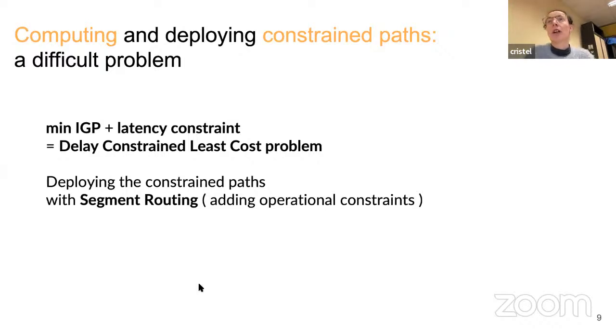So the problem we are trying to solve is computing delay constrained least cost paths, and this has been shown to be NP hard. In addition, because we have segment routing, we have some constraints. The main constraint is that because it's source routing and we store information in the packets, we have a limit on the number of segments and the number of intermediate hops we can store in the packet.